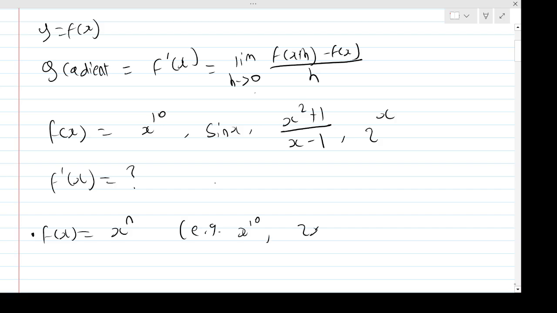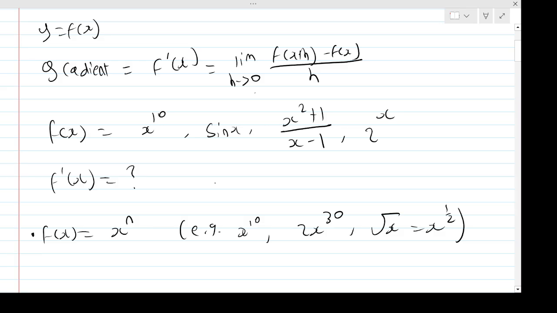Or 2x to the power of 30, or even root x. And root x is a power of x, because if you use index laws, that's just x to the half, okay? So as you can see, there are many different types of expressions of x that fall into this category, where we have x to the power of n.